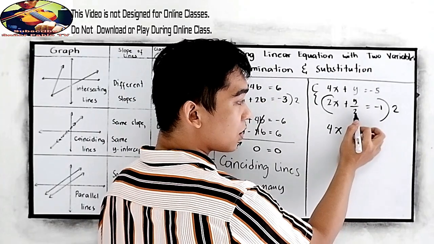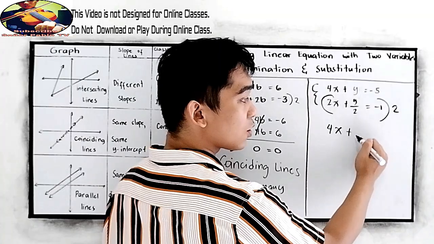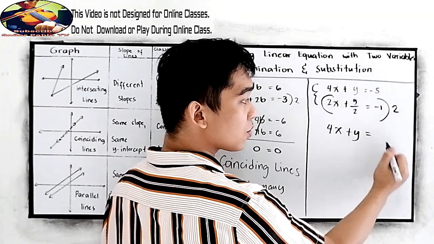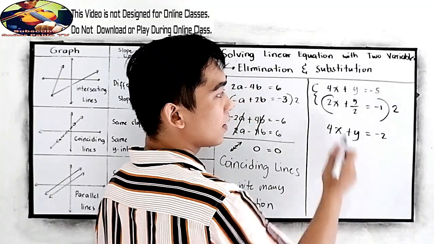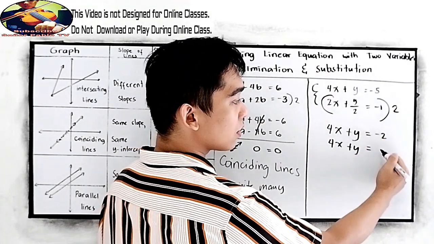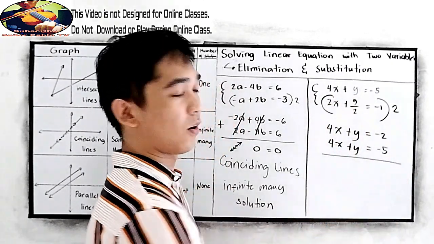Then y over 2 times 2, that is 1y or simply y, is equal to negative 1 times 2, negative 2. Now, 4x plus y is equal to negative 5. Just copy equation 1.